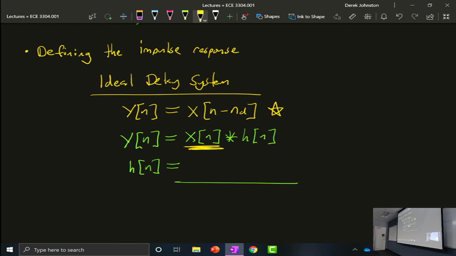Yeah, there we go. Basically, here's the punchline. You just take what we were doing before and replace all the x's with deltas. So h of n is equal to delta of n minus nd. What we defined before as the thing that happened to x now just happens to the delta function.